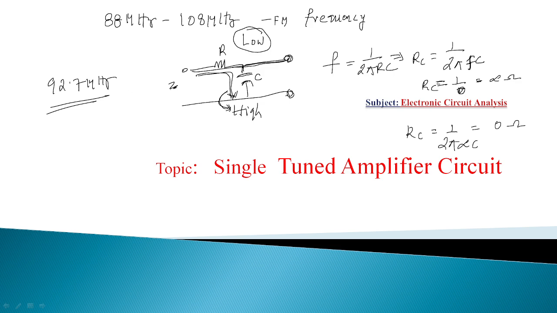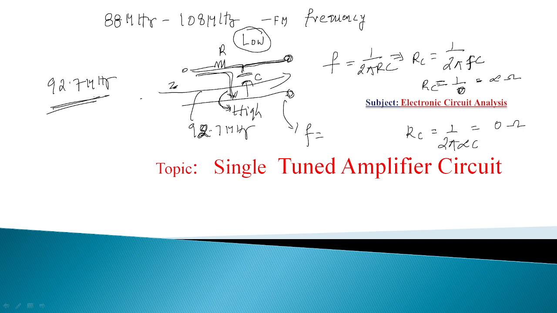Just assume the R and C values are set for a frequency of 92.7 megahertz. If the frequency of this circuit is 92.7, then it allows the signal towards the output side, and the remaining it will block. So that is the tuned circuit function.